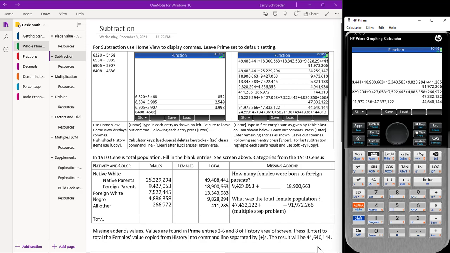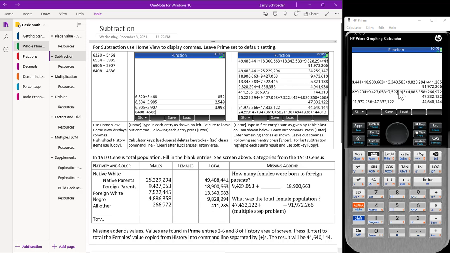And this is the answer I have written down here, 44,640,144.